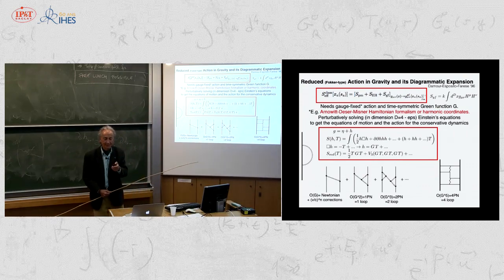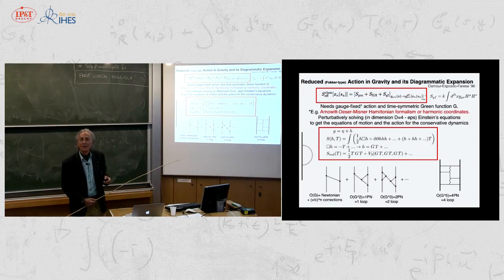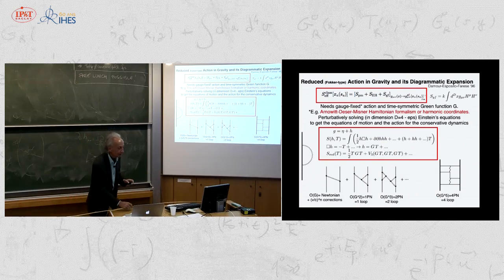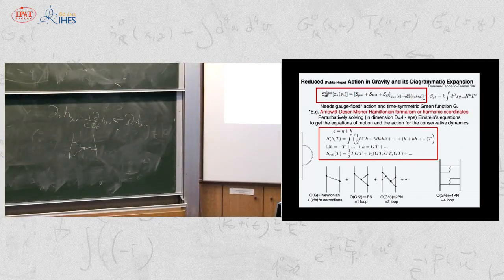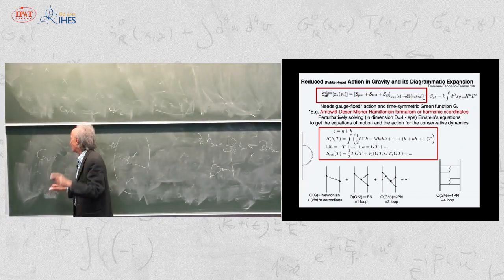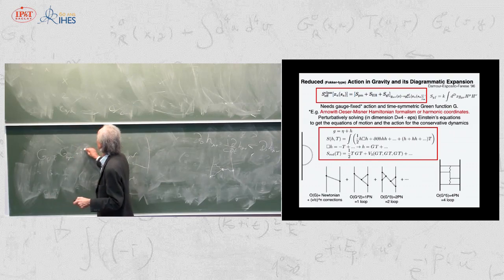Yes? In principle, there are amplitudes that have an imaginary part. Not here. Why? Because this is a classical problem, and for the classical problem, the Feynman Green function is, modulo an overall i, the time symmetric thing, plus i times its imaginary part.